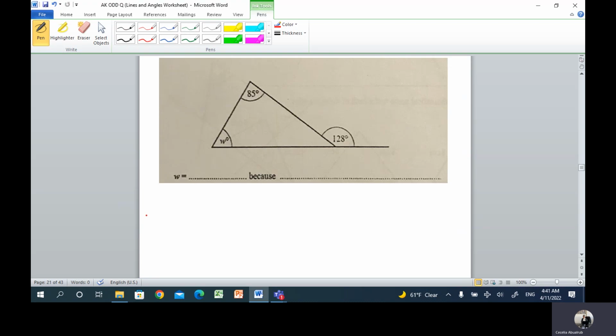And here, we can name this angle as theta. Why? Because theta and 128 are angles on a straight line. So we're going to start with theta, which is my unknown, plus 128 degrees is equal to 180 degrees. Why is that?